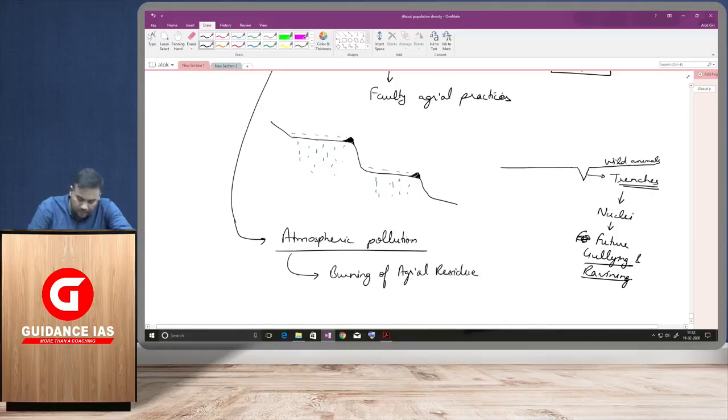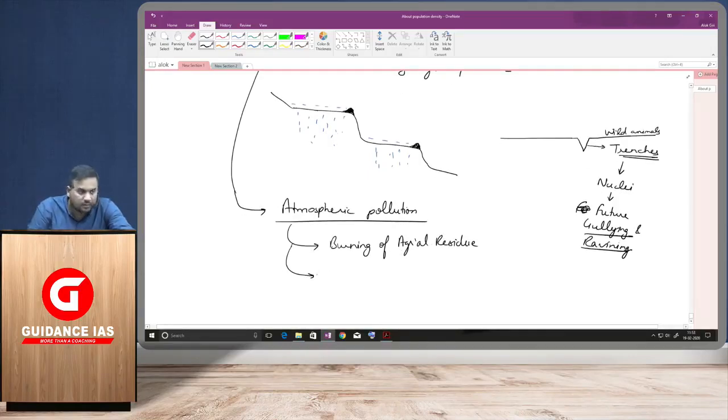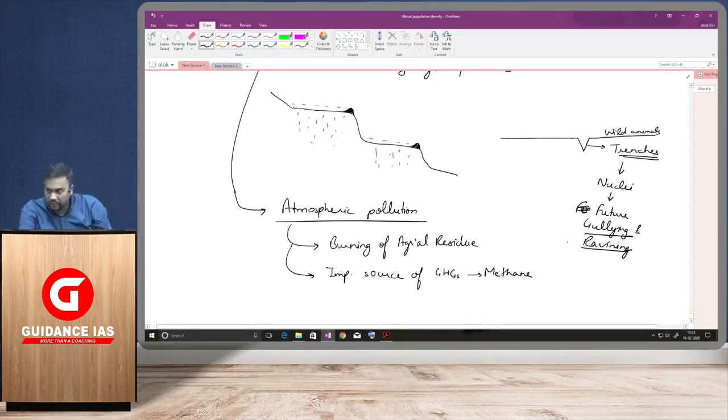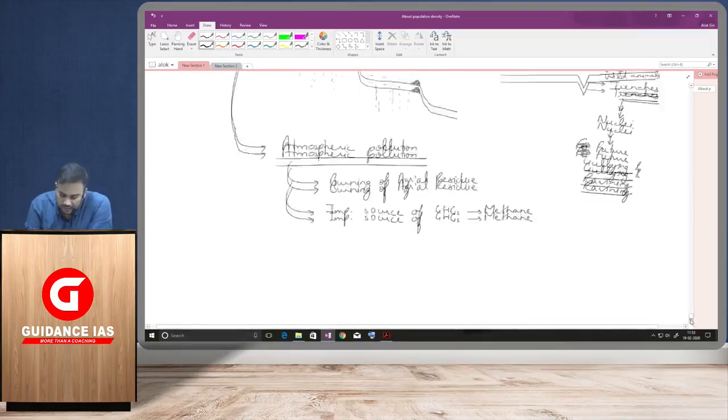Others, like agricultural fields, are an important source of greenhouse gases like methane. The majority of the methane concentration that we find today is a result of the paddy fields and the wetlands which are present. Also the livestock. So agricultural activities are having a bad impact on the atmosphere as well.